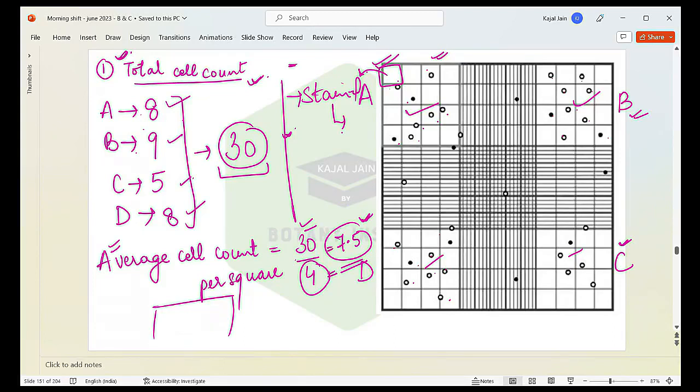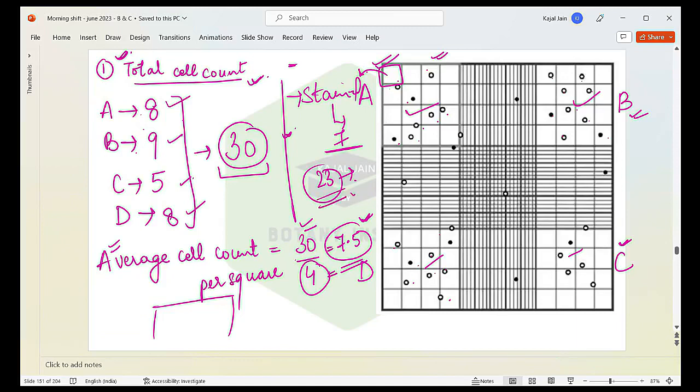The empty circles are the unstained ones, and the solid circles are the stained ones. Write down the stained cells. Yes, 7 cells are stained.